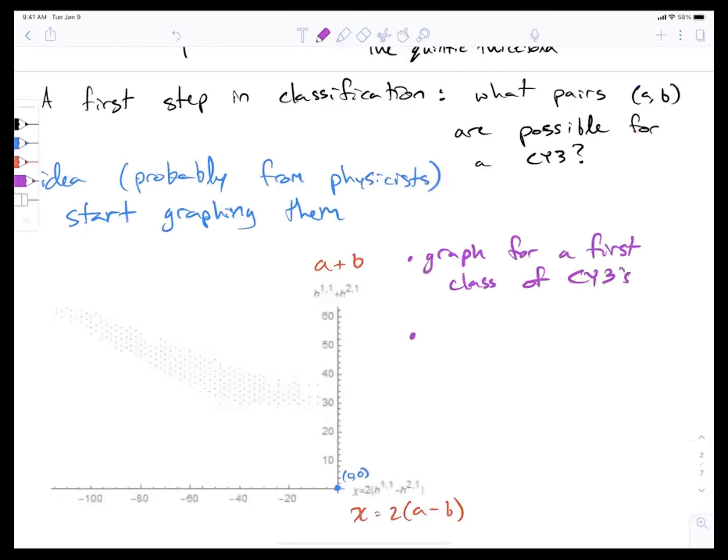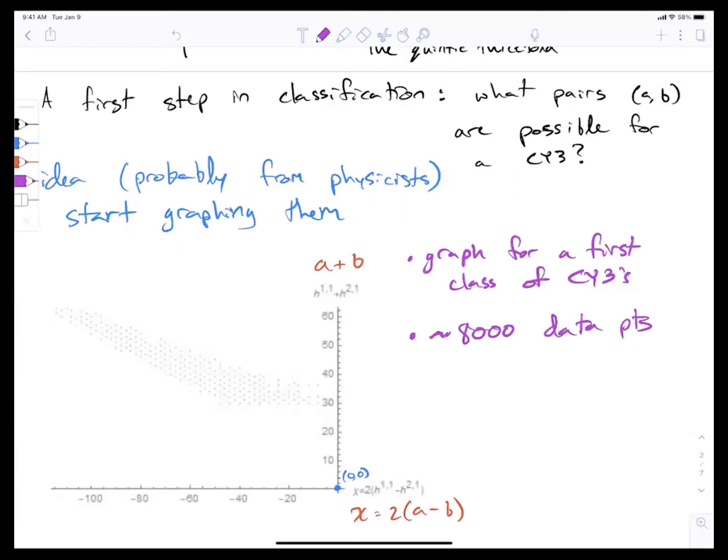And if you expand this out, there's about 8,000 data points here. So 8,000 different spaces. And if you're looking at this, you might make some conjectures.